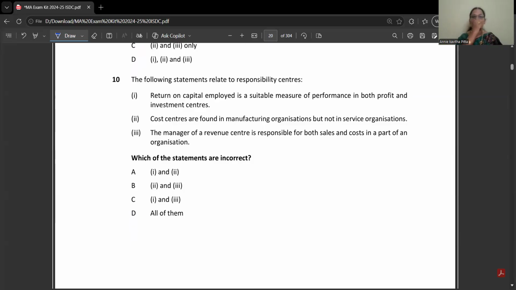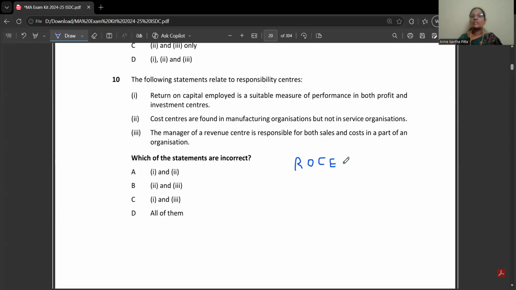10th one, the following statements relate to responsibility centers. See, return on capital employed is a suitable measure of performance in both profit and investment centers. What is ROCE? ROCE is basically profit divided by investment. So wherever investment is there, it is the concern of only an investment center.